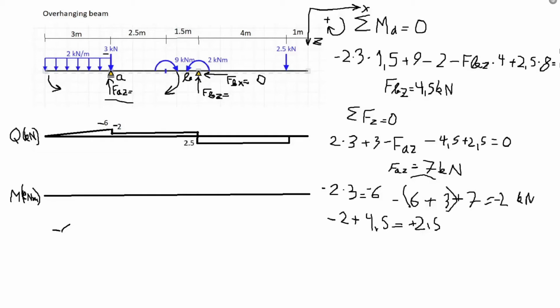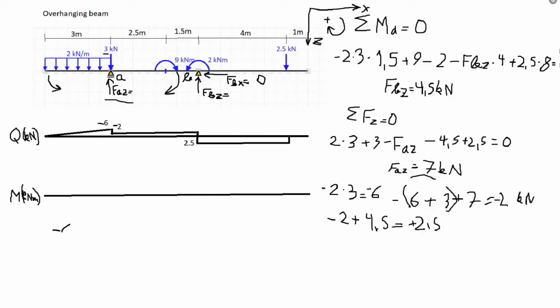First of all, we'll use the area method, the integration method, which is to calculate the shear force diagram areas, add moments and look at the shape of the graph.